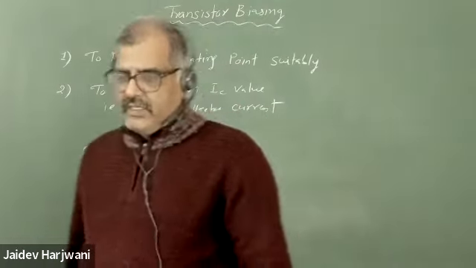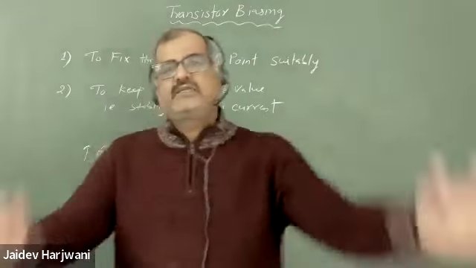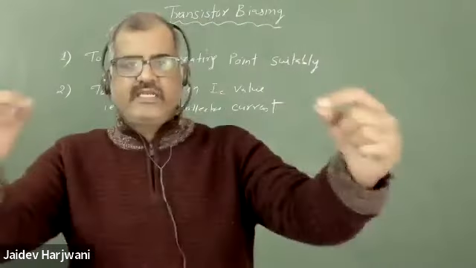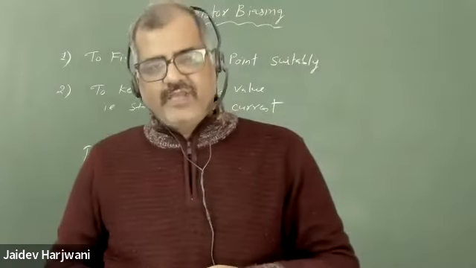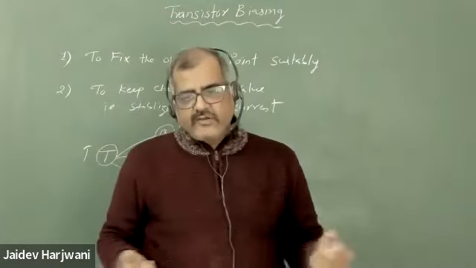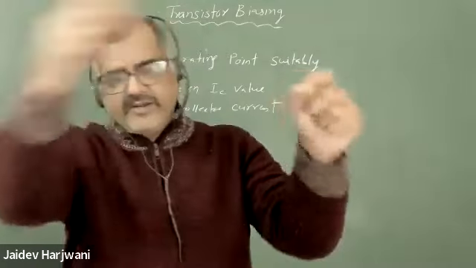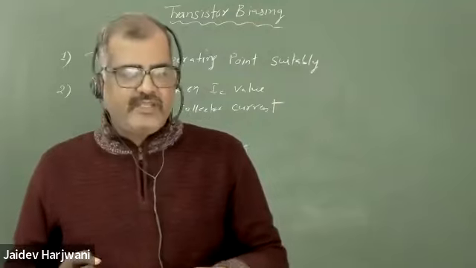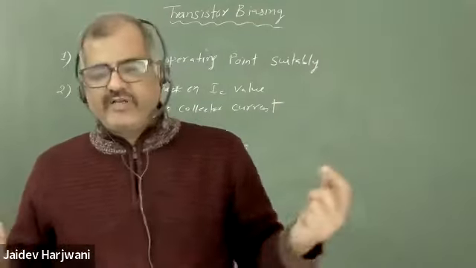I told you that in order to give biasing to a transistor, I have given two batteries. Now on a chip, say we have 1,000 transistors, or on a board somewhere we have 100 transistors, we can't keep on giving two batteries to each transistor. That becomes very costly.